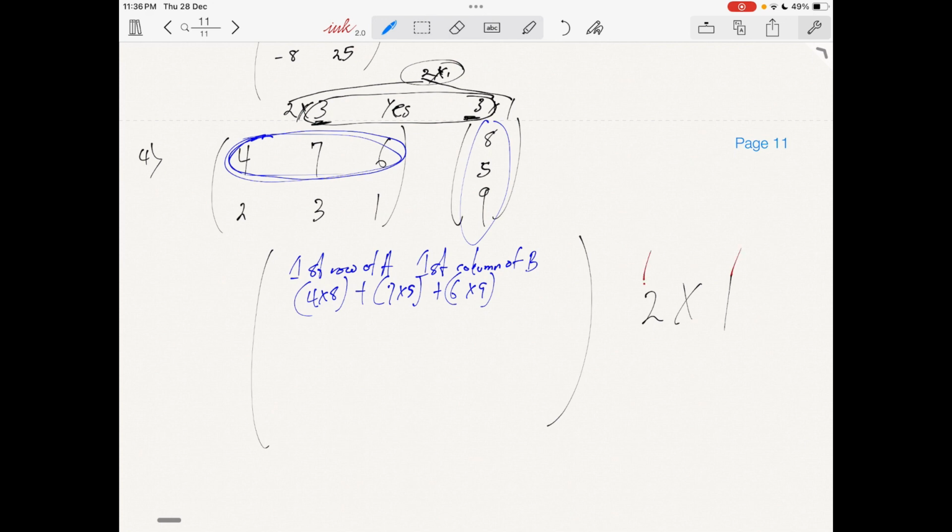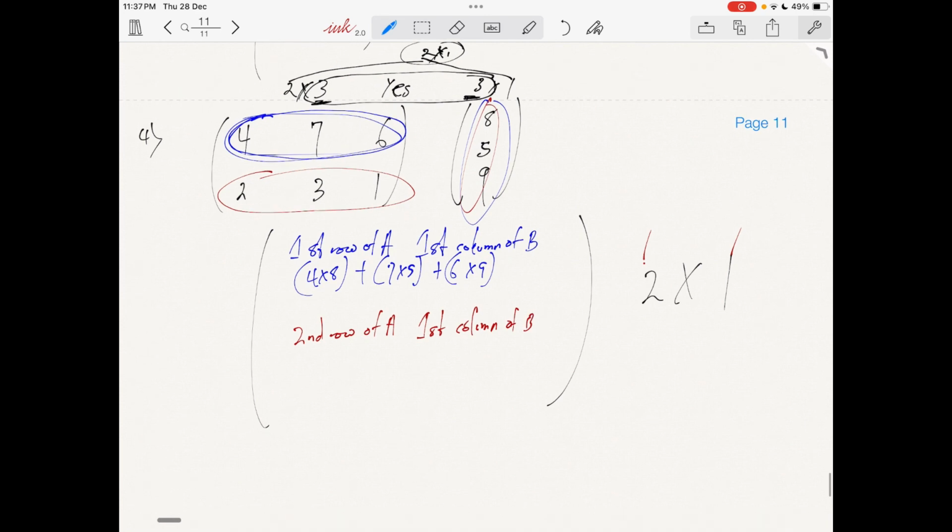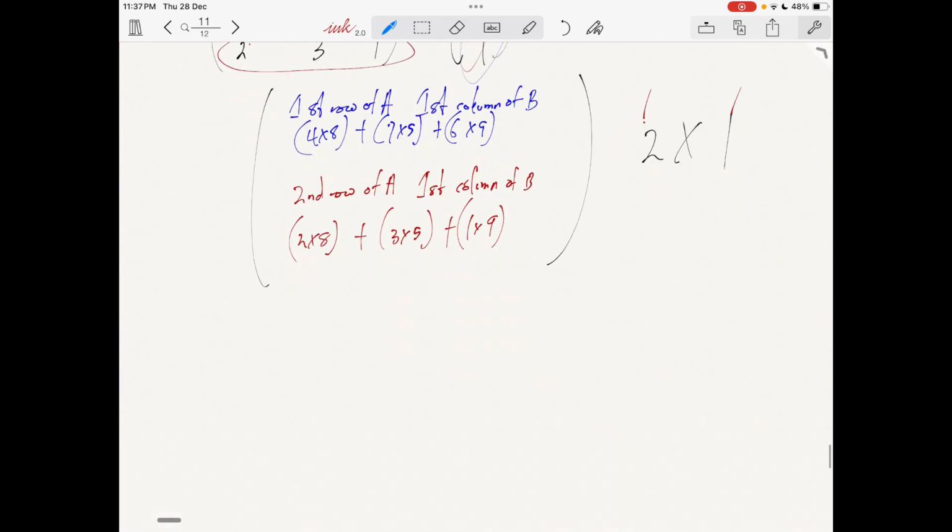So the next one we will be considering is the second row of A against, since it is a column matrix and we are still in the first column, against the first column of B. So this will give us 2 times 8, plus 3 times 5, plus 1 by 9 rather.